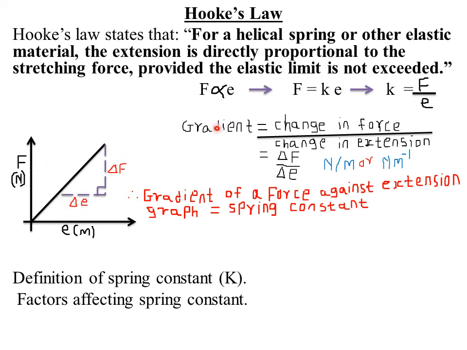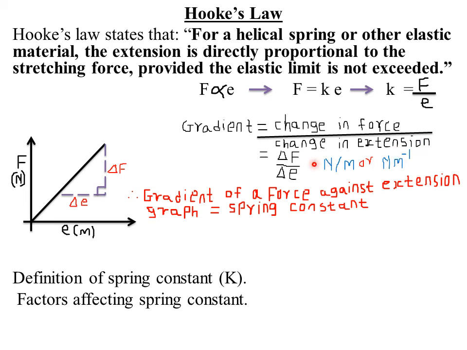So the gradient will be equal to the change in force divided by the change in extension, delta F over delta E. Remember, F is in Newtons and E is in meters, therefore the units of the gradient will be Newton per meter, or Newton meter to the power of minus 1, according to the laws of indices.